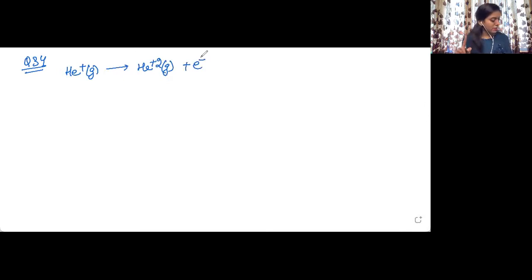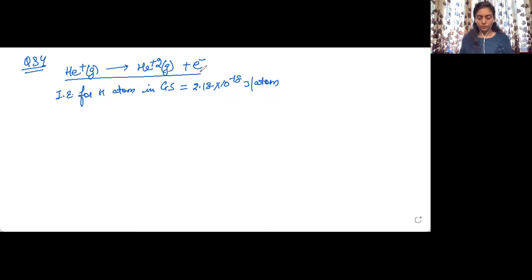The ionization energy for H atom in ground state is 2.18 into 10 raised to the power minus 18 joule per atom. We need to find out the energy required for this process.